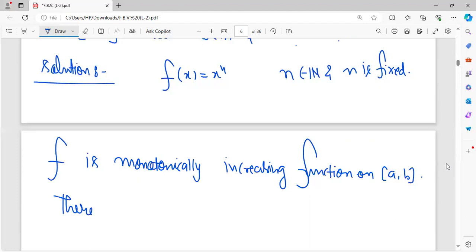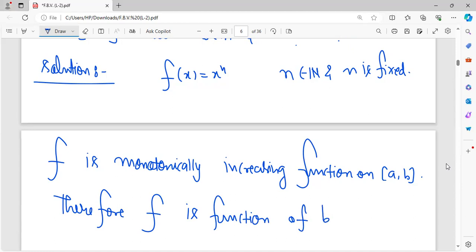Therefore, f is a function of bounded variation on AB.